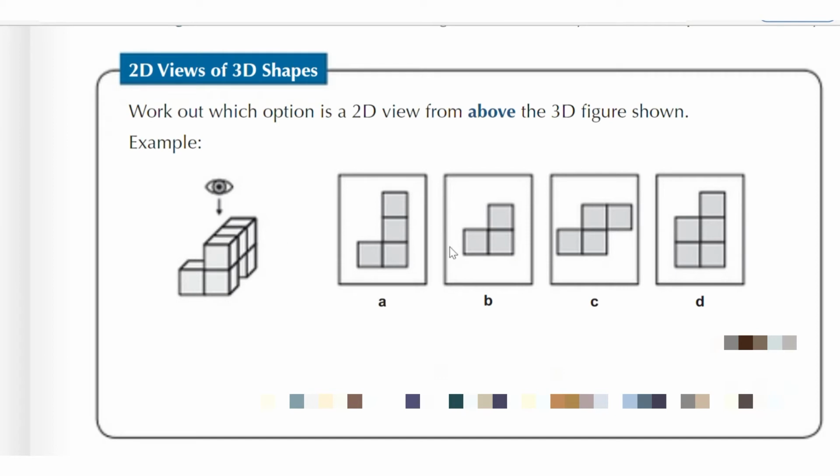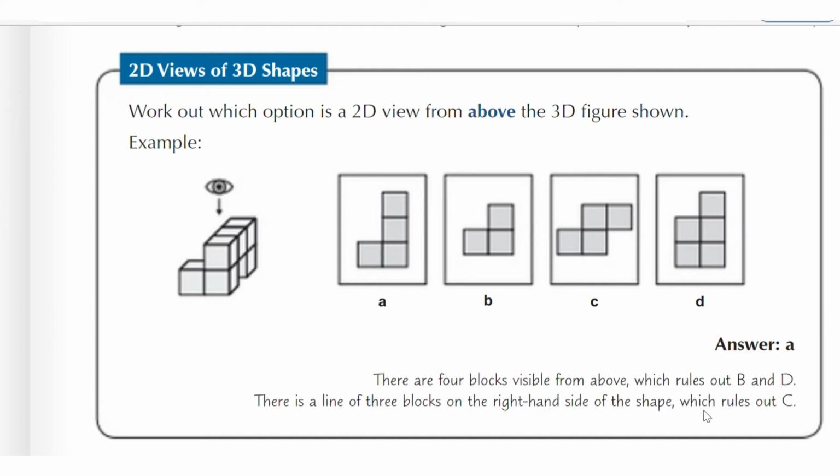So there should be 4 you can see from the top. B is 3, D is 5, so that is wrong. So we're left with A and C. Now there is a line of 3 blocks on the right hand side of the shape, which rules out C. So on the right here there is a block, so that should be more like it, not this.